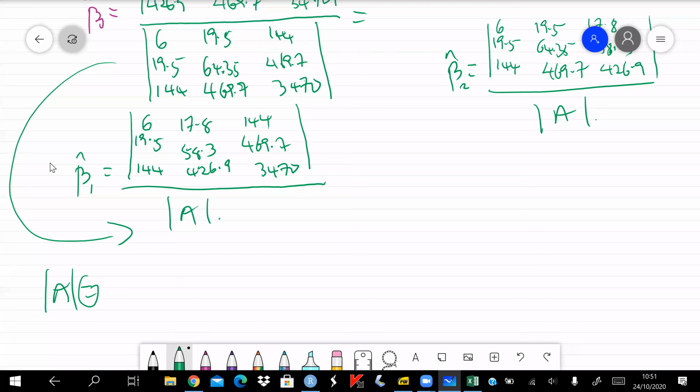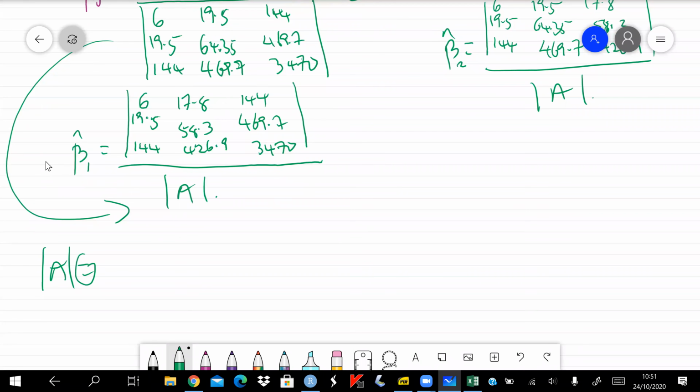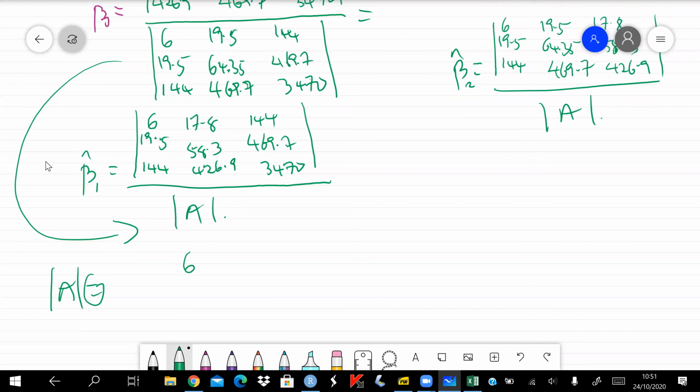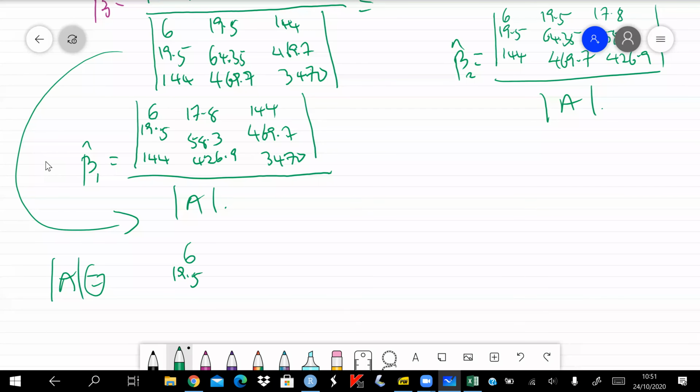So you copy the matrix A the way it is. So you have 6, 19.5, then 144. I'm copying the entire matrix, 19.5, 64.35, 469.7, 144.